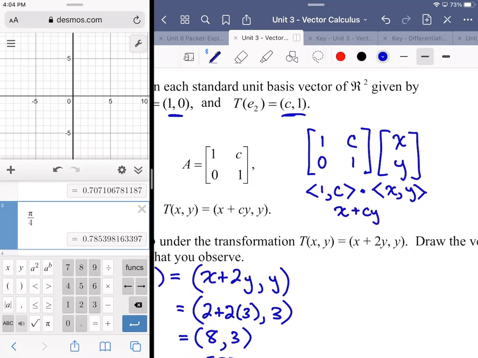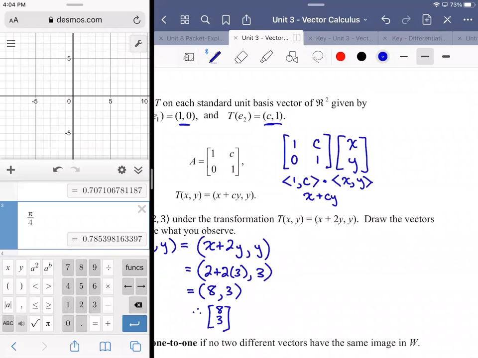Add them together. All right. Then we are dotting the (0, 1) also against the (x, y). So 0 times x is 0, 1 times y is y. So that's the other component. All right. So that gives us what we're looking for, the ordered pair.